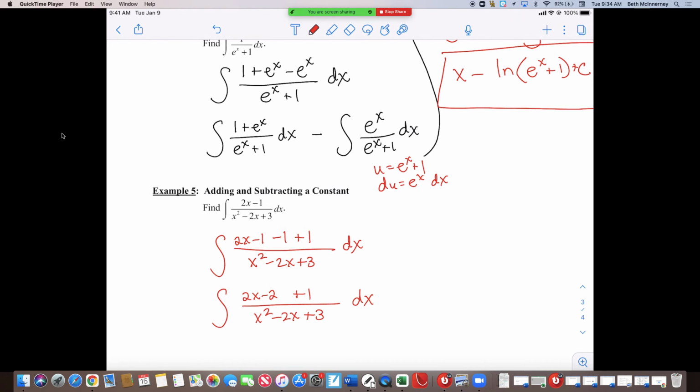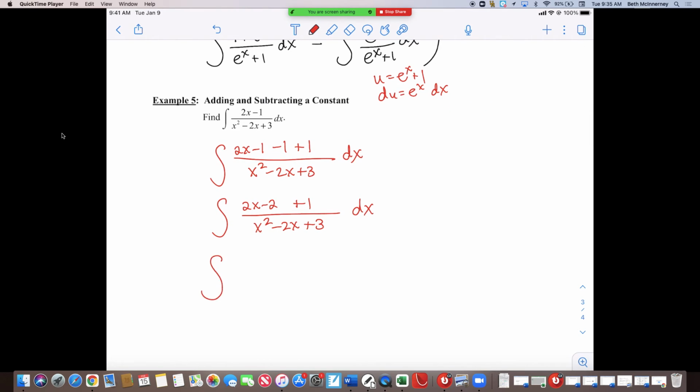Can anybody see where I'm headed? Yes. Okay, good. So watch this. I'm going to split this as 2x minus 2 over x squared minus 2x plus 3.